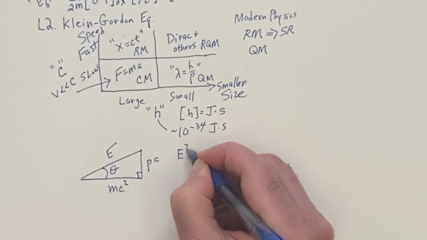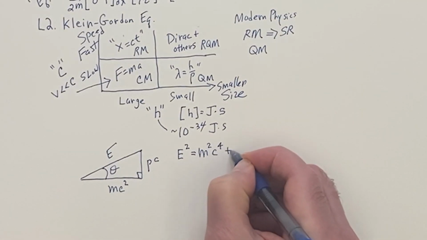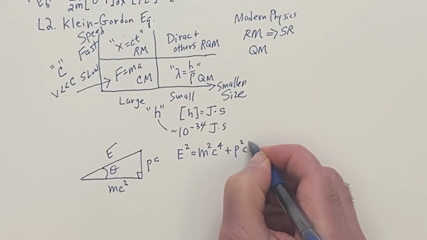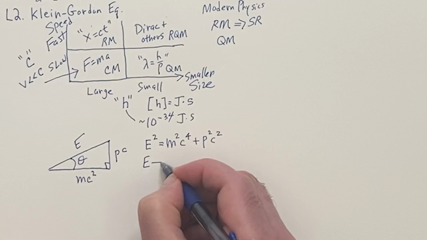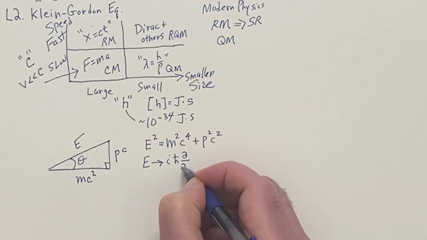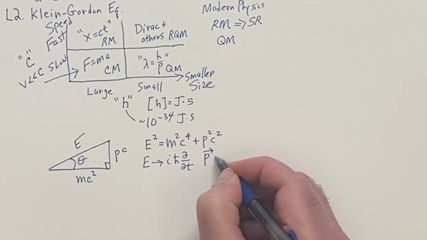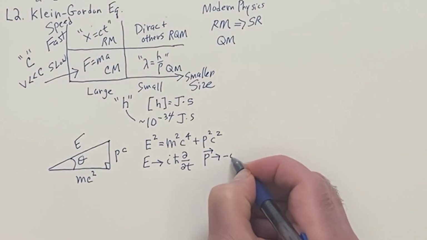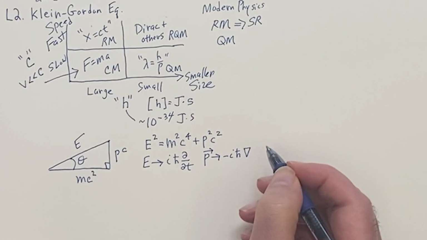So then the energy squared is m squared c to the fourth plus p squared c squared. Now remember our prescription. Energy goes to an operator, i h bar partial with respect to time, and the momentum goes to minus i h bar, the gradient, or the del operator.